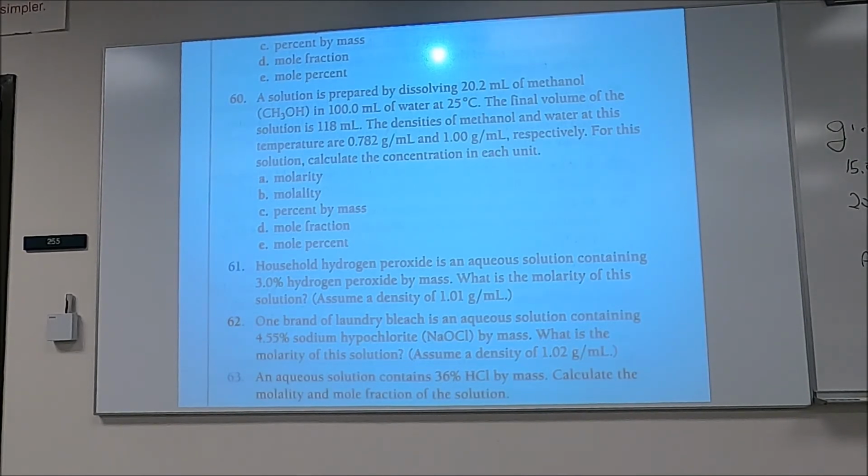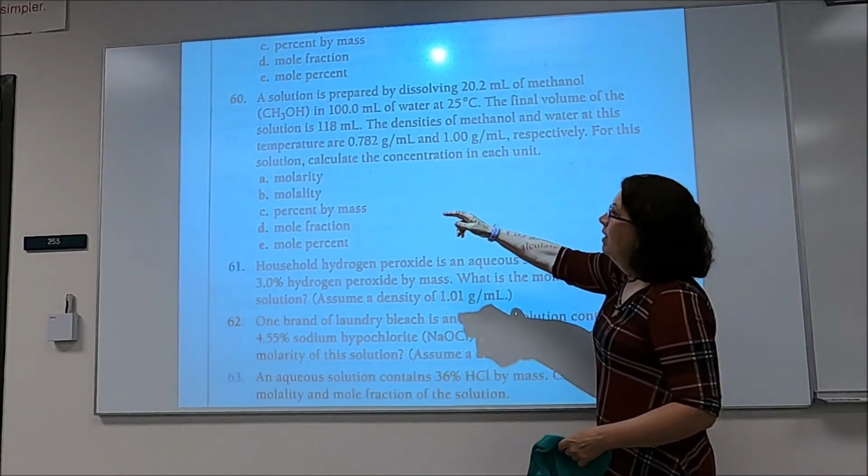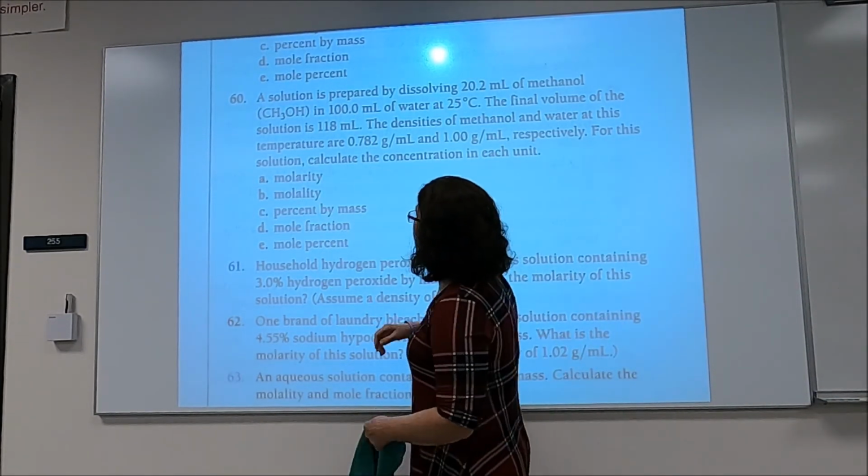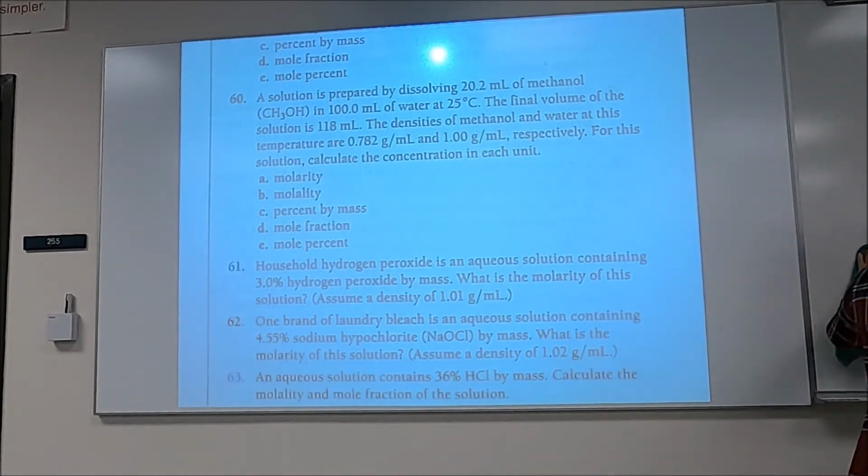The densities of methanol and water at this temperature are 0.782 grams per milliliter and 1 gram per milliliter respectively. So for this solution, we're going to calculate molarity, molality, and mole fraction. Okay, it gives a little practice on all of those.